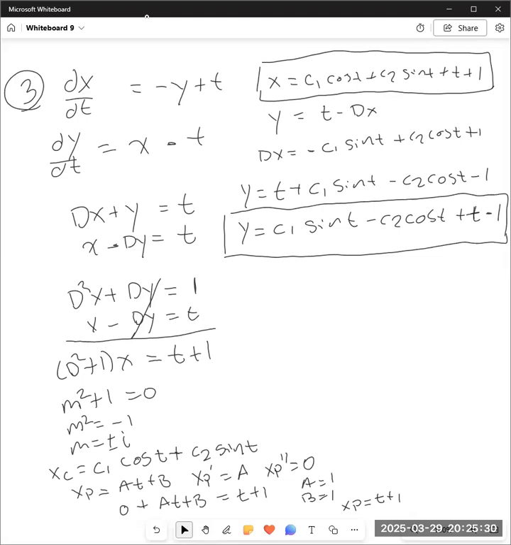Move on to number 5 from the textbook now. Number 5 starts off with (D² + 5)x - 2y equal to 0, and -2x + (D² + 2)y is equal to 0.